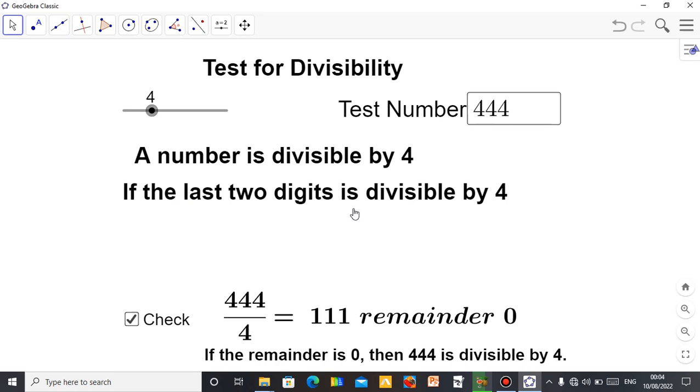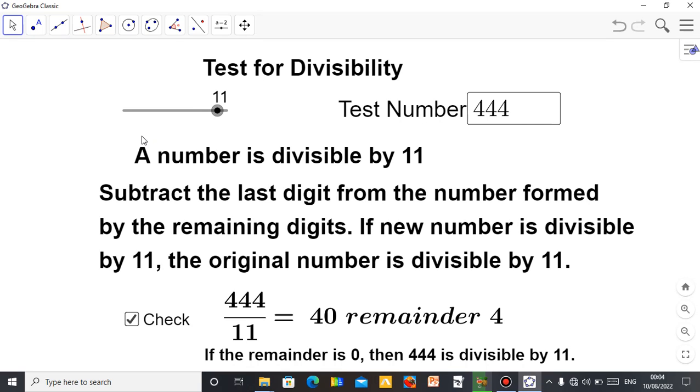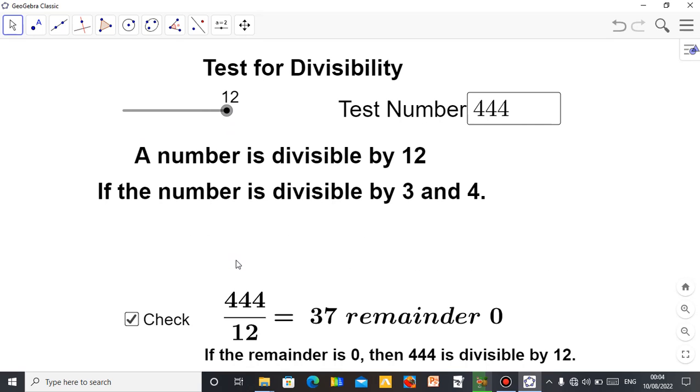If the 2 last digits are divisible by 4, and 44 can divide 4 without a remainder, then 444 can divide 4 without a remainder. Since 3 and 4 can both divide 444 without a remainder, that means 12 can also divide it without a remainder.